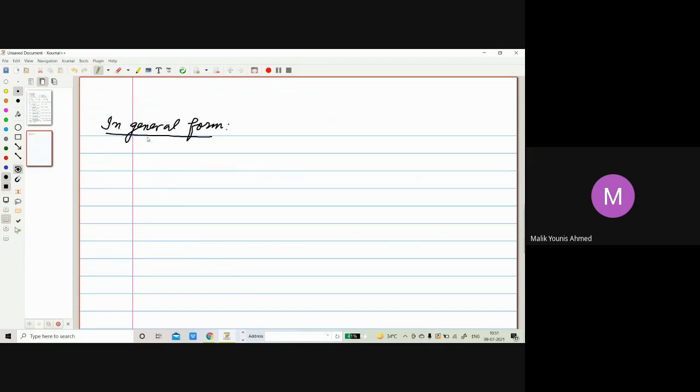We have to remember that SPU is VPU into IPU. Similarly, PPU is VPU, IPU, cos of phi. QPU is VPU, IPU into sine of phi. So this we have to remember.